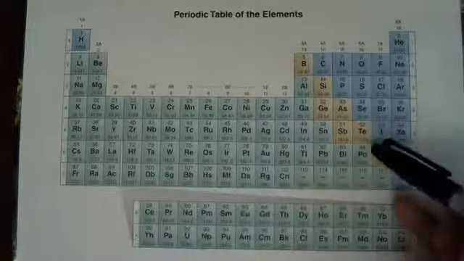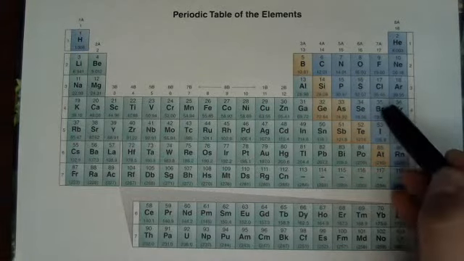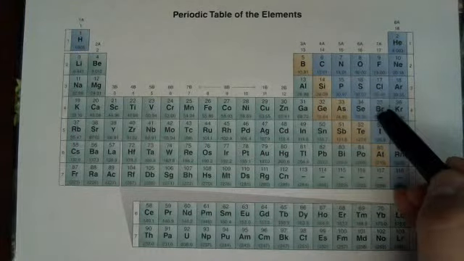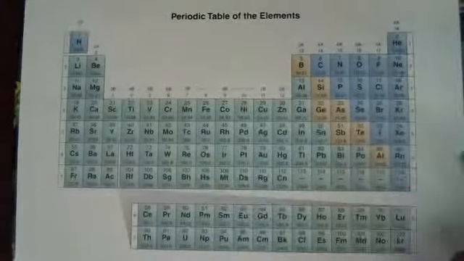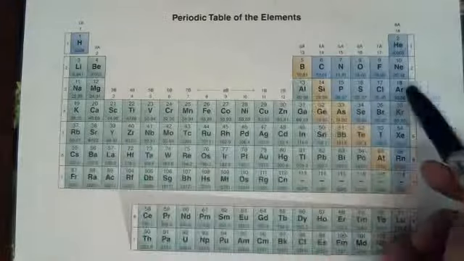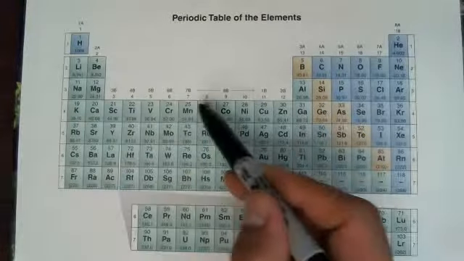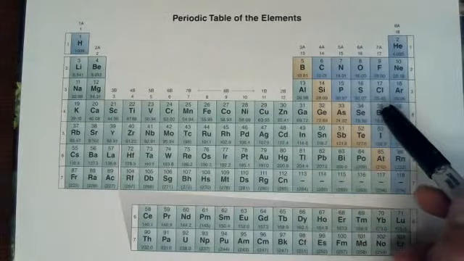So for instance, we're going to consider something like bromine. Now bromine's in that 4th period. So that's 1s2, 2s2, 2p6, 3s2, 3p6, 4s2, 3d10, 4p6, or sorry, 4p5.